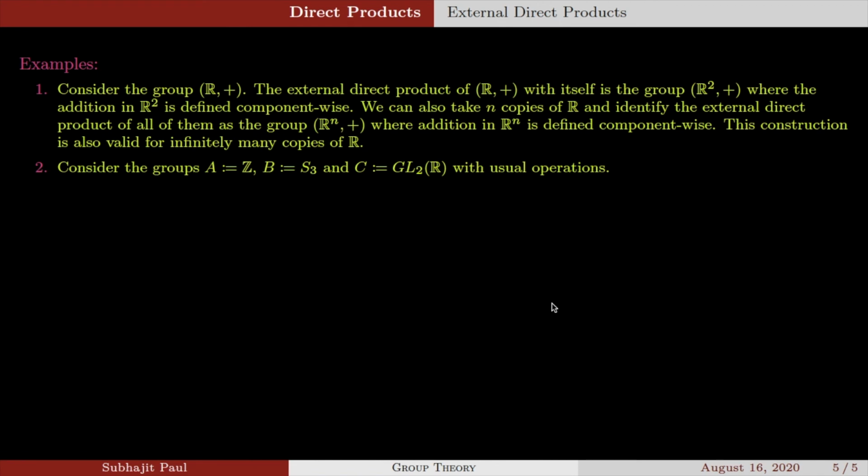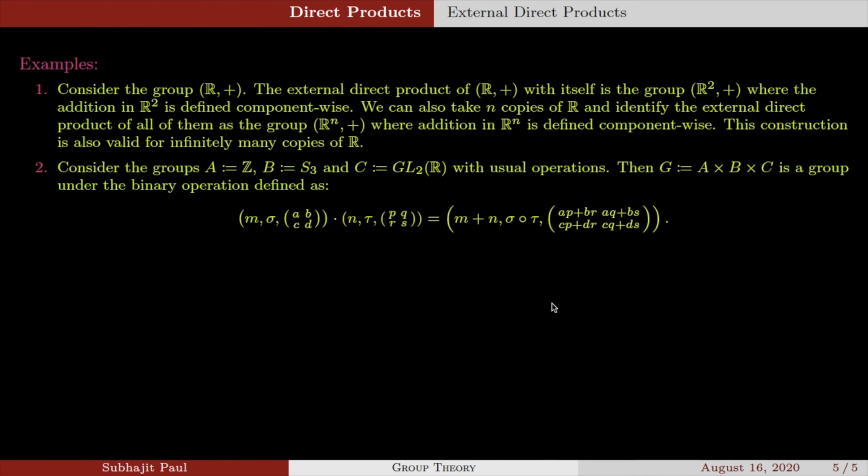Consider the groups: the set of all integers with respect to addition, S3, the set of all permutations of three elements with respect to composition of mappings, and GL2(R), the set of all invertible 2 by 2 matrices with real entries with respect to multiplication. Consider these groups with usual operations. Then G, the product of all of these sets, A cross B cross C, is a group under the binary operation defined this way.